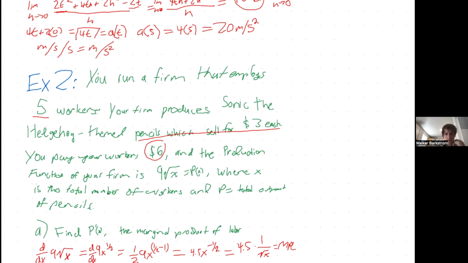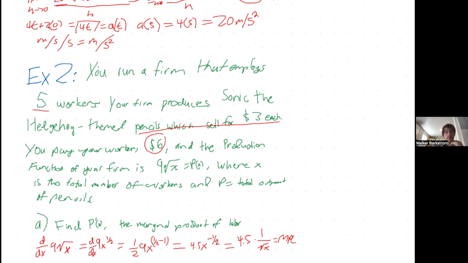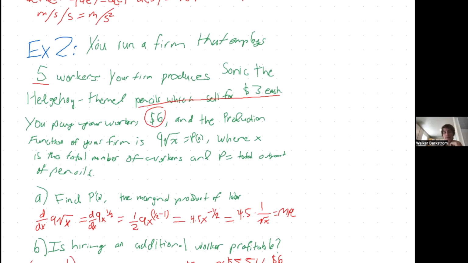So part B asks, is hiring an additional worker profitable? Is it worth it? So to answer this question, we need to think about what the marginal product of labor is telling us. The production function tells us, given a number of workers, what is the amount of output we're able to produce.